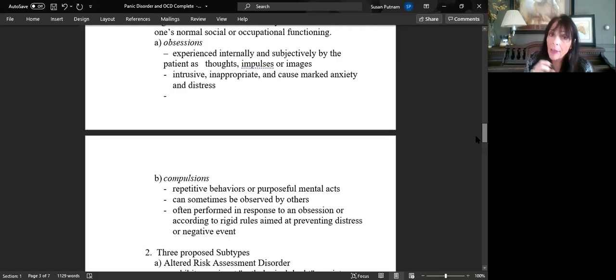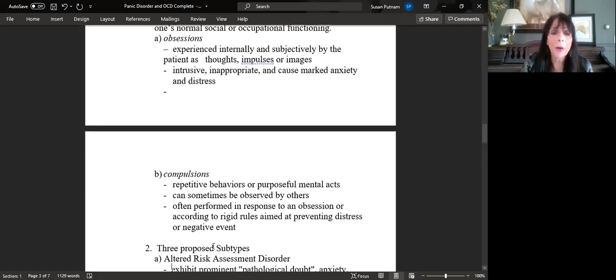And often they are performed in response to an obsession or according to rigid rules aimed at preventing distress or a negative event by the patient. The patient comes up with, if I do this ritual, then it will preempt any terrible thing that might happen.